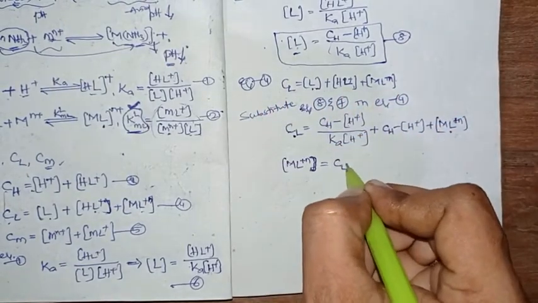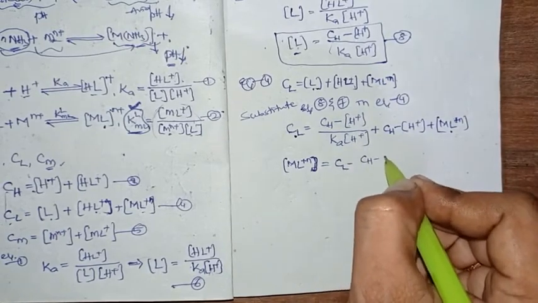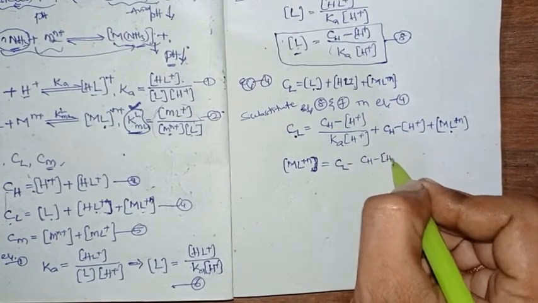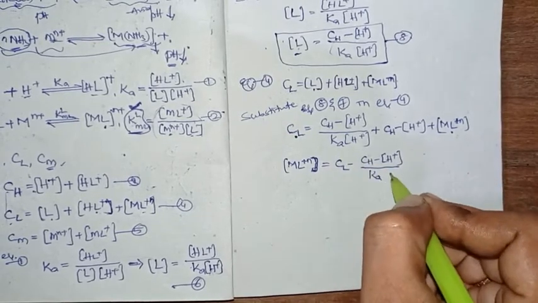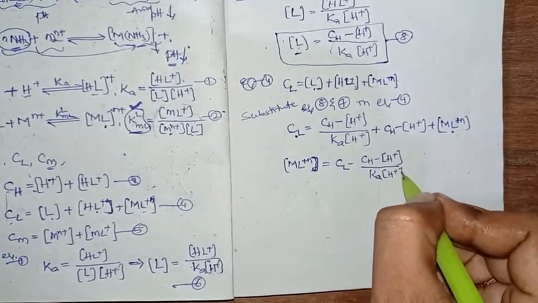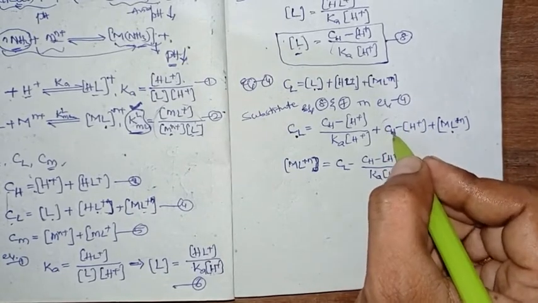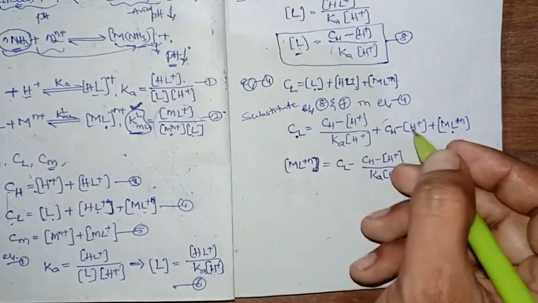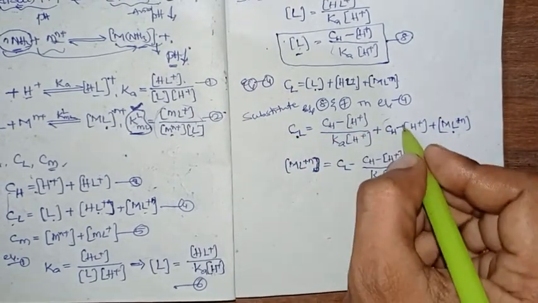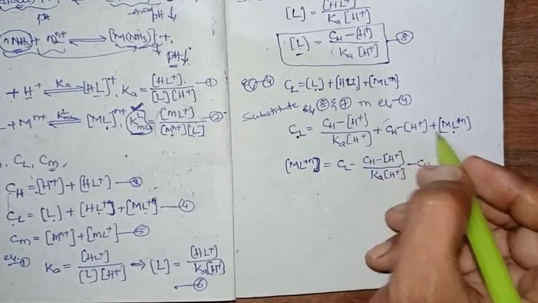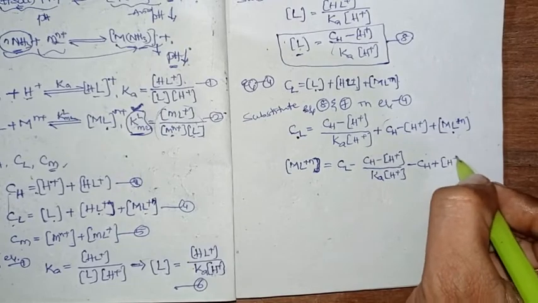So Cl minus, it will become this particular term, Ch minus the proton concentration divided by Ka into the proton concentration, right? And for this whole thing, the plus of Ch when going from left to right becomes minus Ch, and the minus proton concentration when going from left to right becomes plus proton concentration.